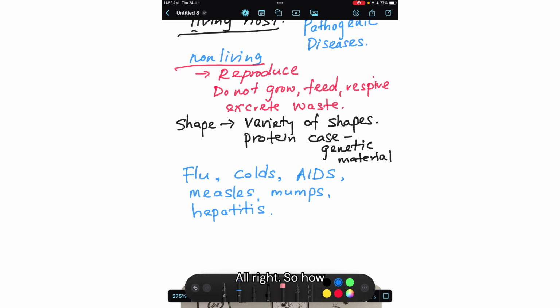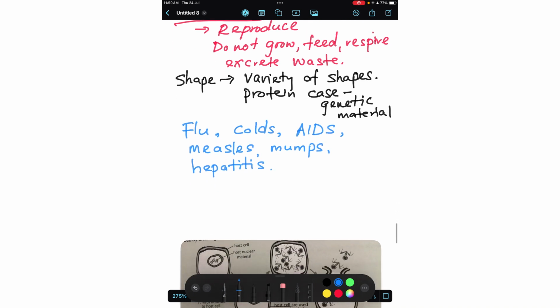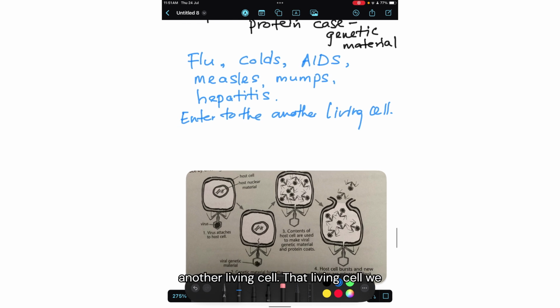Right. So how do viruses reproduce? They reproduce by entering another living cell. That living cell we call the host. Okay, now we know host. They need a living host.